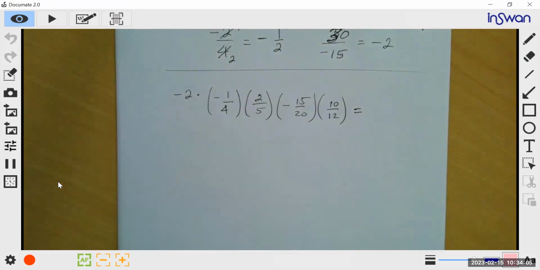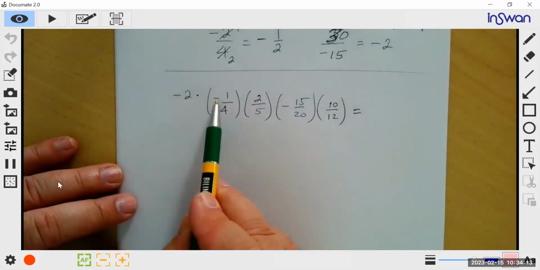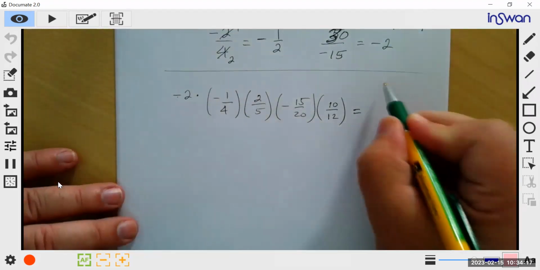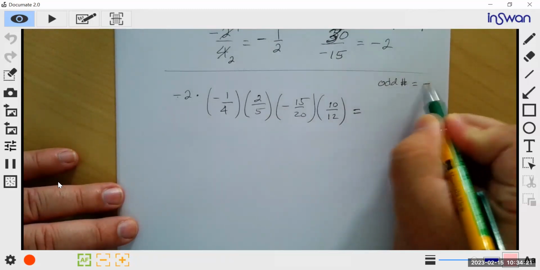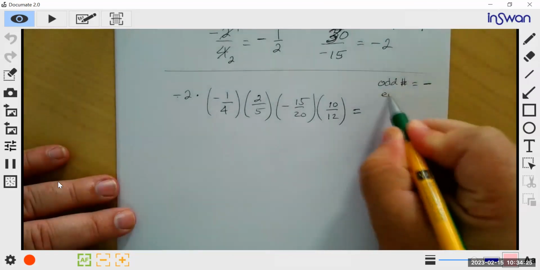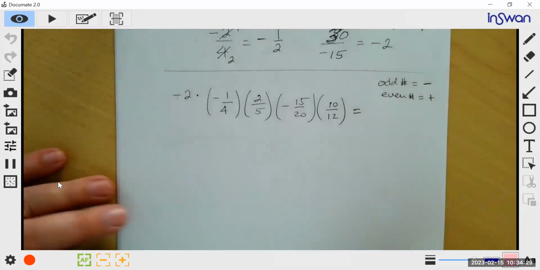Here, if you have multiple equations and they're all multiplied or divided together, there's no addition or subtraction, count the negatives. 1, 2, 3. If you have an odd number of negatives, the answer is negative. If you have an even number of negatives, the answer is positive.